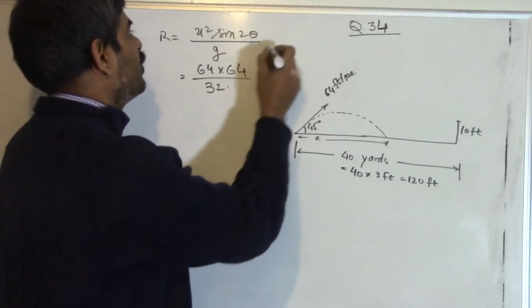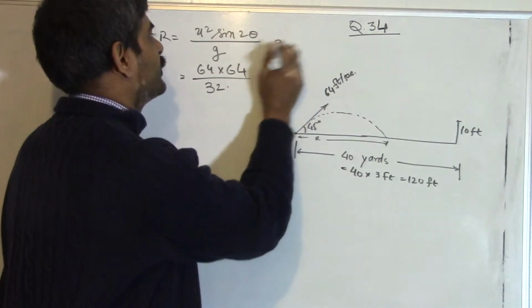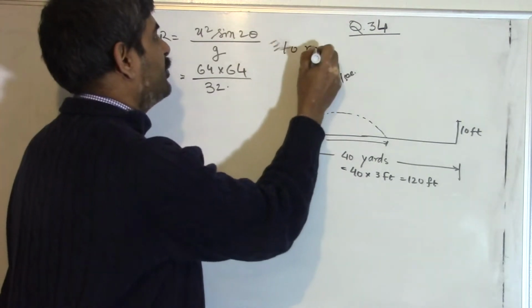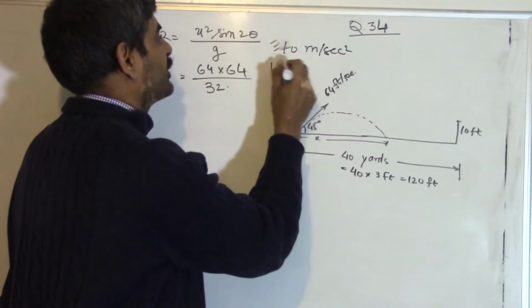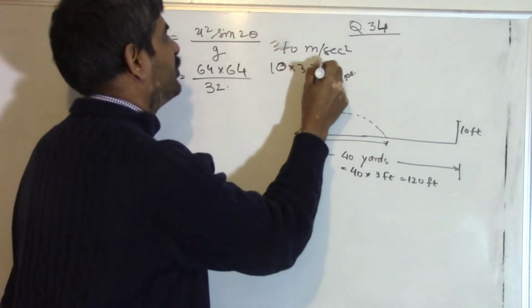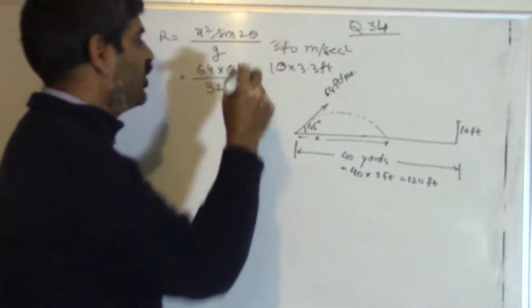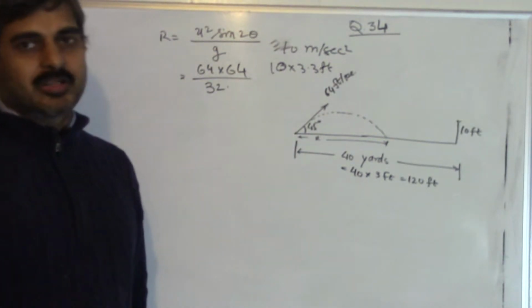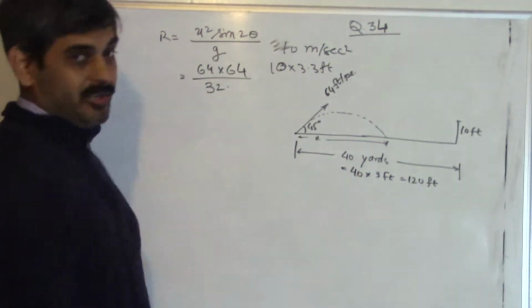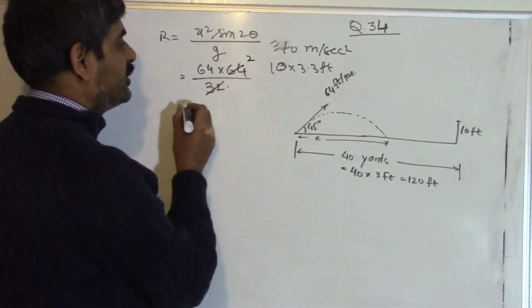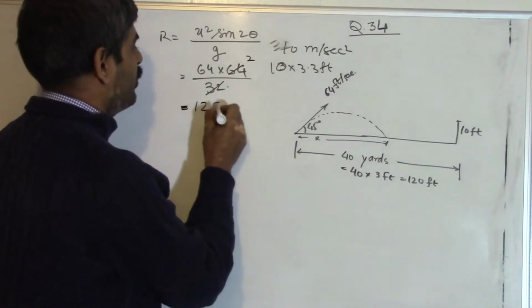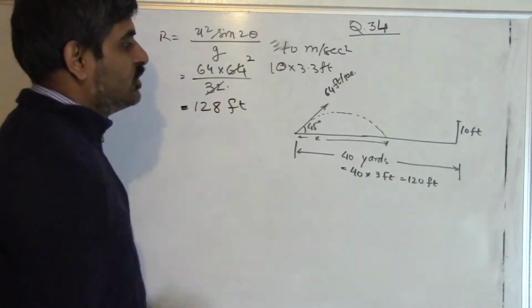And how does 32 come about? We have g as 10 meters per second square, and 1 meter is roughly 3.3 feet. So this is roughly equal to 33, though the exact value is 32.2 feet per second square. Anyway, 64 square divided by 32 gives 128 feet.